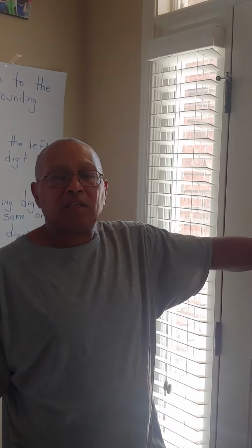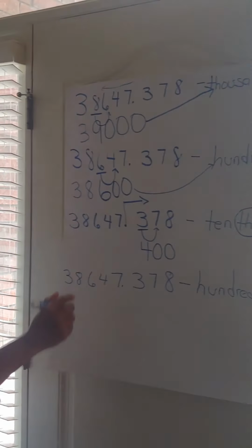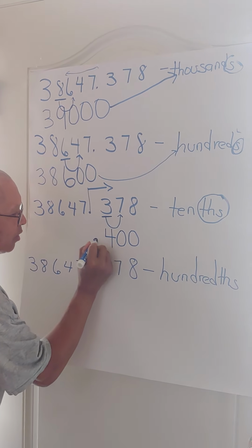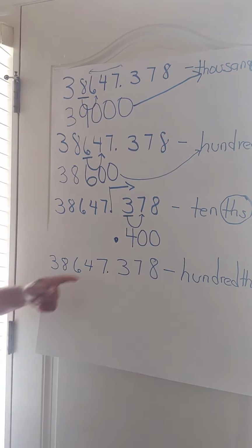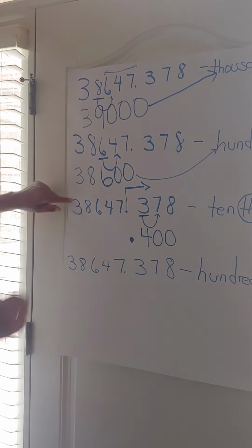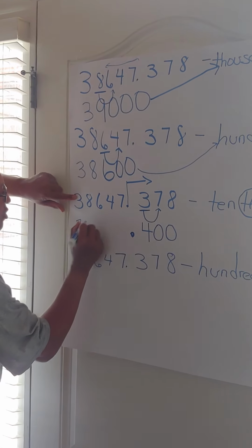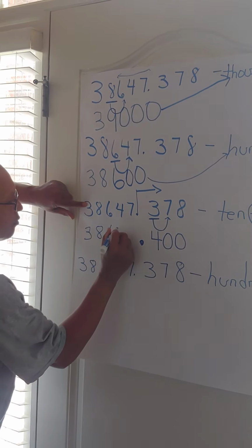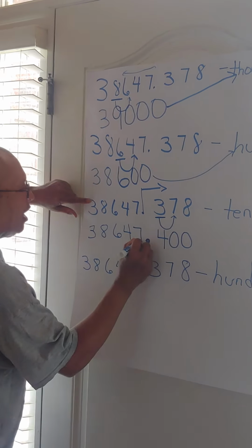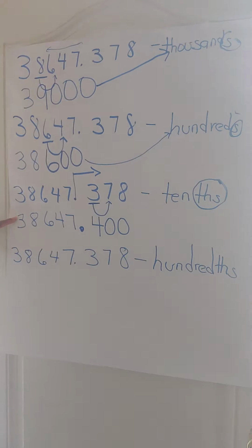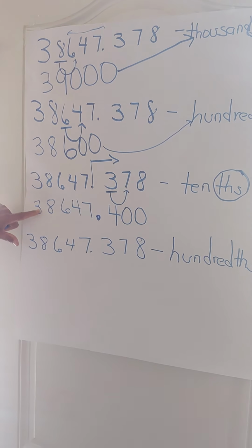Most people will just leave it at the 4. However, you must put your decimal there because all numbers to the left stay the same. So you're just going to rewrite these numbers. And now that number is rounded to the tenths digit.